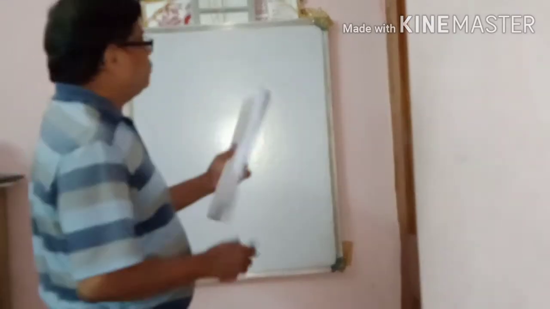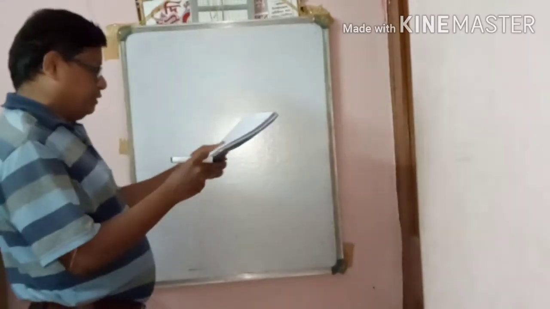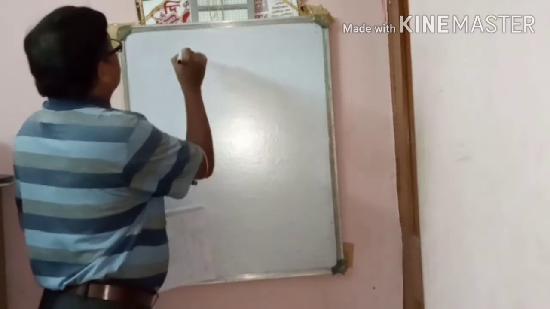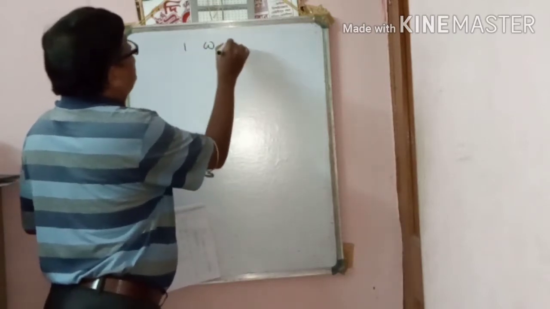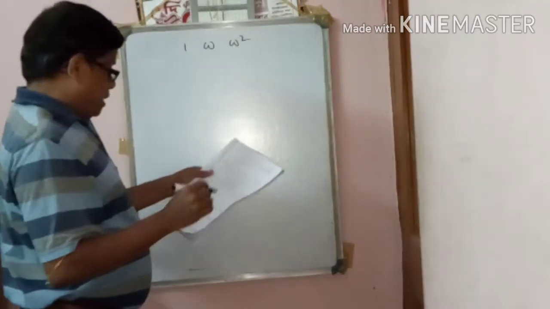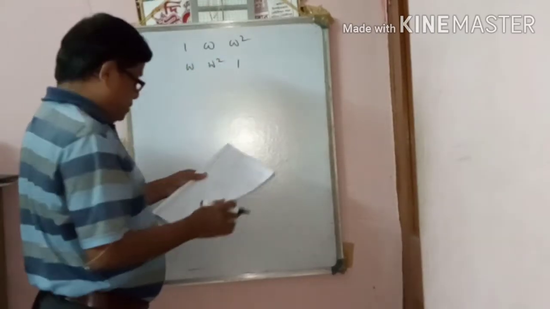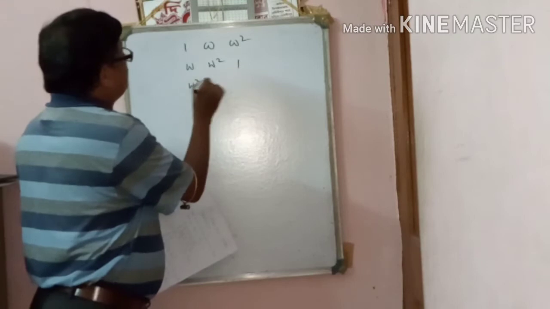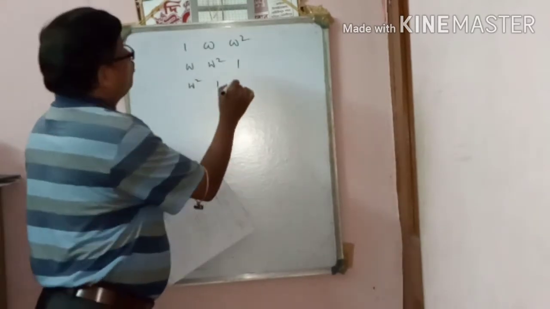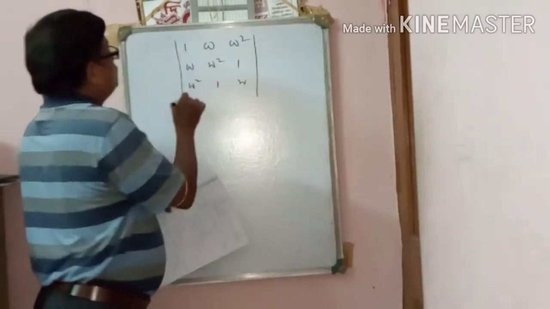Now, solving. Look at the board. I am showing a determinant: 1, omega, omega square in the first row, omega square, 1, omega in the second row, and so on.